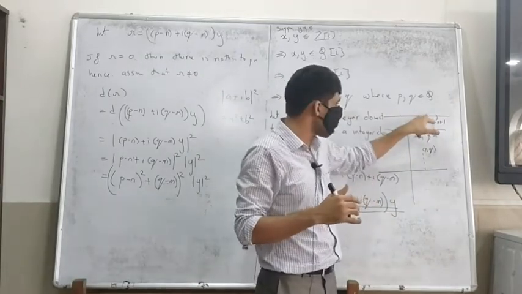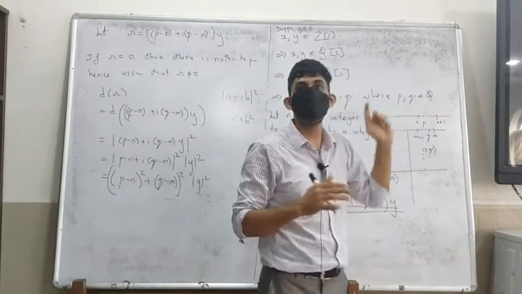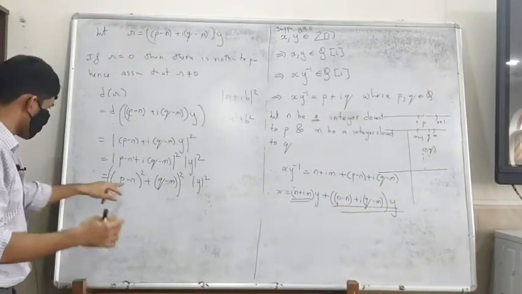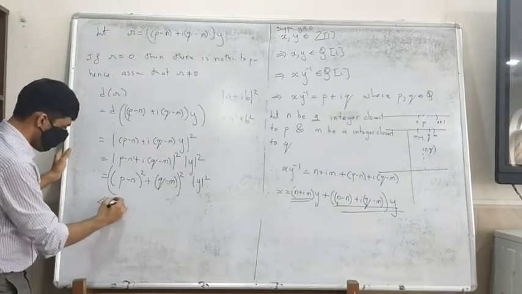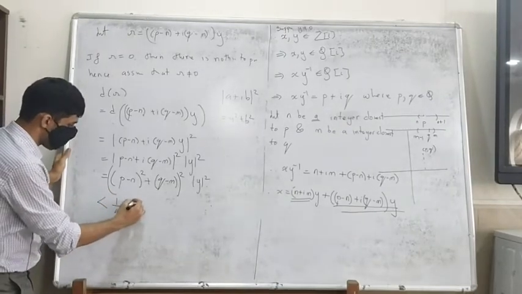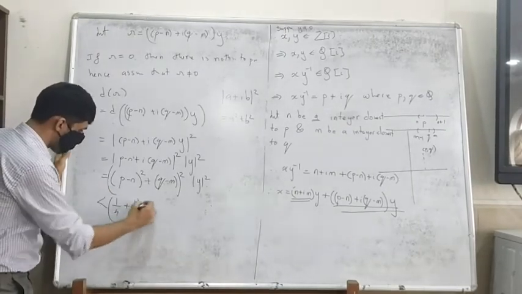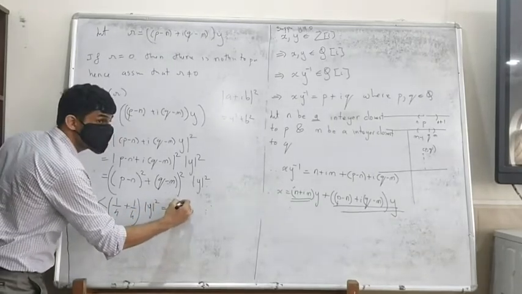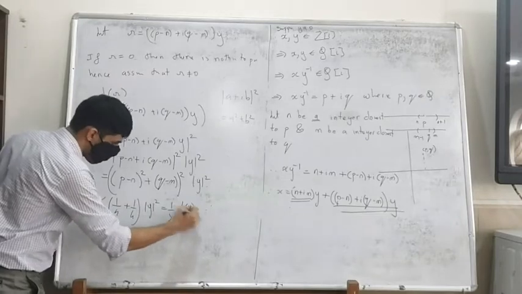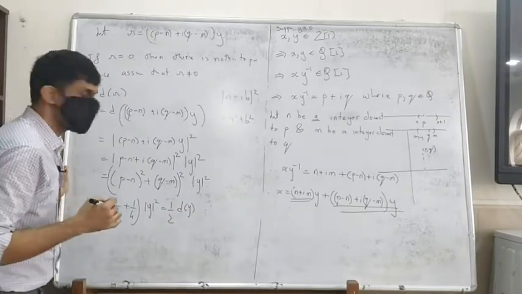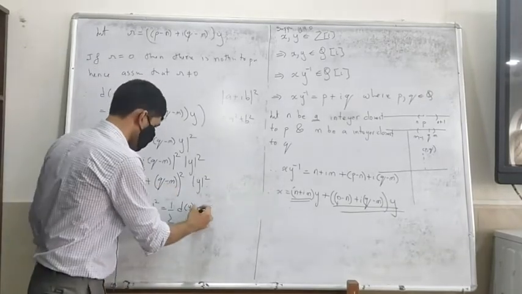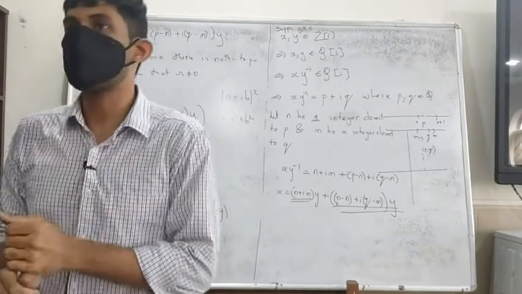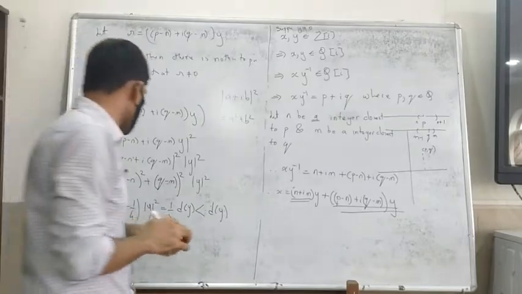Hence the square of the distance will be less than 1/4. So this will be less than 1/4 plus 1/4 times mod y square, which is half of mod y square, which is half of d of y. So this number is strictly less than d of y. Okay, so that's the proof.